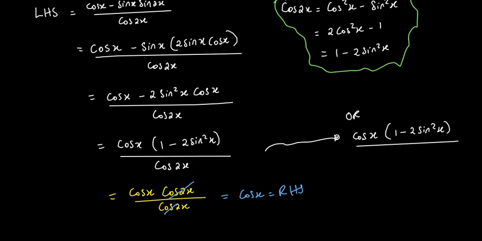So we change the bottom part to 1 minus 2 sine squared x. In that way, this bracket was going to cancel that. You are still left with cos x, which is equal to the right hand side. So that is how you would solve it there. Very nice and easy. Any question?